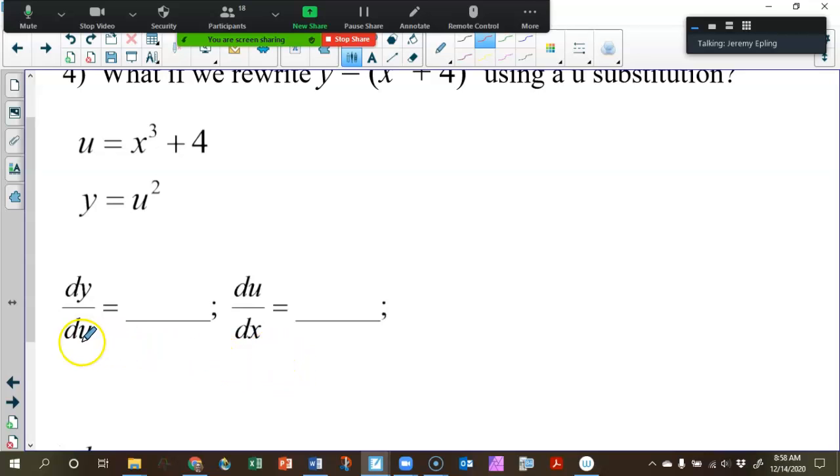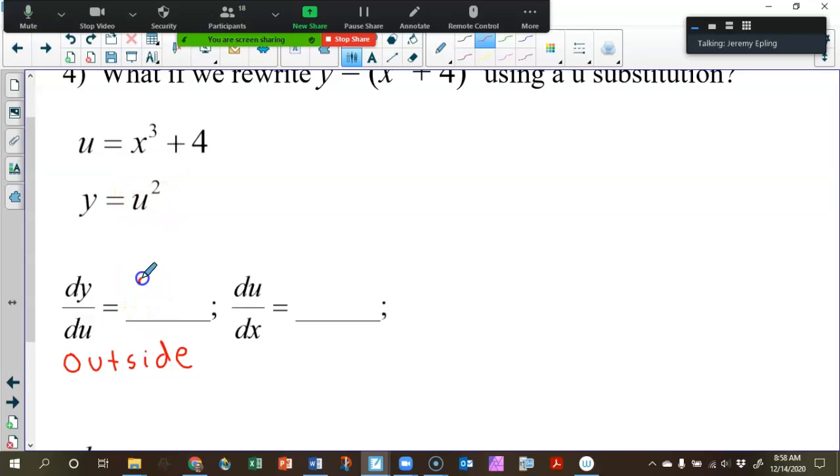And we're going to do the little pattern that you all noticed. We're going to take the derivative of the outside, and we have here for the first time a derivative with respect to something besides x. We take the derivative of y with respect to u. Well, that's just our power rule.